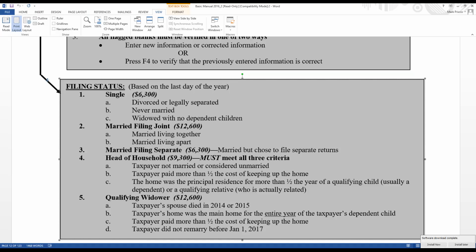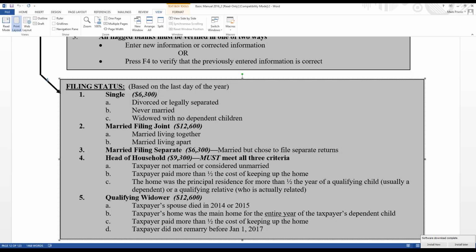Typically, this is the worst way you can file. The only reason they typically want to do this is if, one, they're not living together and they want nothing to do with each other, so they're going to file separate returns, because both parties have to sign a tax return. So if they can't find the other party, obviously you can't file a joint tax return.